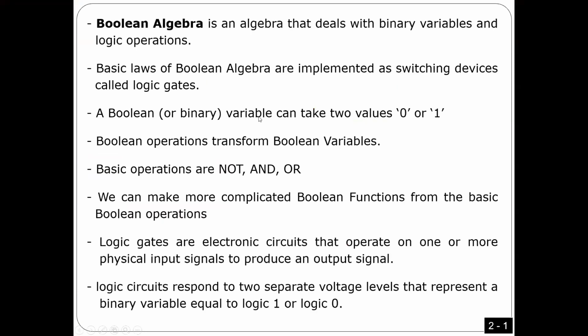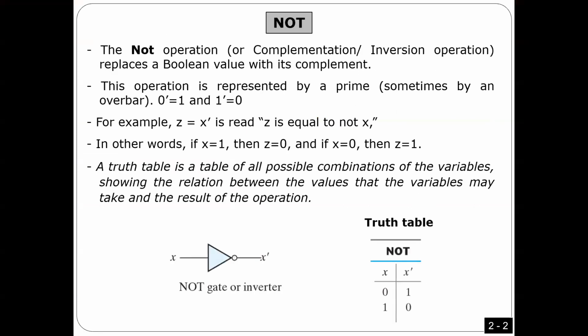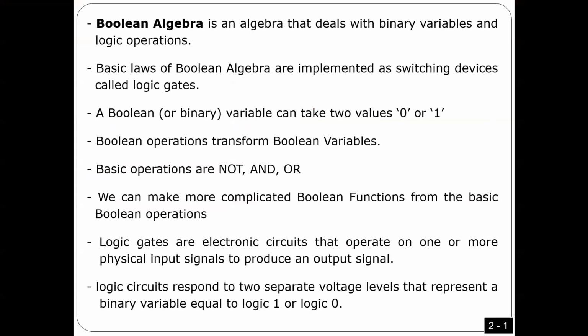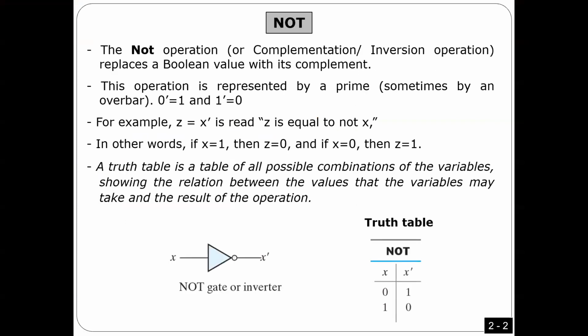Let's start with the Boolean operations or gates. The first operation here, we call it the NOT operation, or inverter.